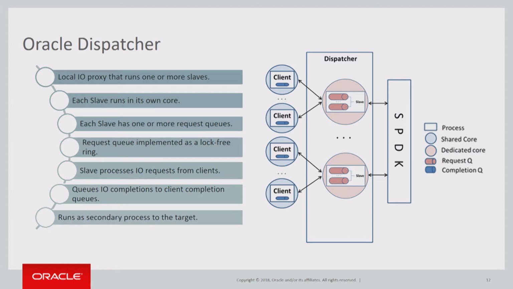The dispatcher is a component, and it can run with multiple slaves. Every slave has multiple request queues, and the client will submit requests to the dispatcher request queue. The dispatcher slave will pick that up and submit it to SPDK.